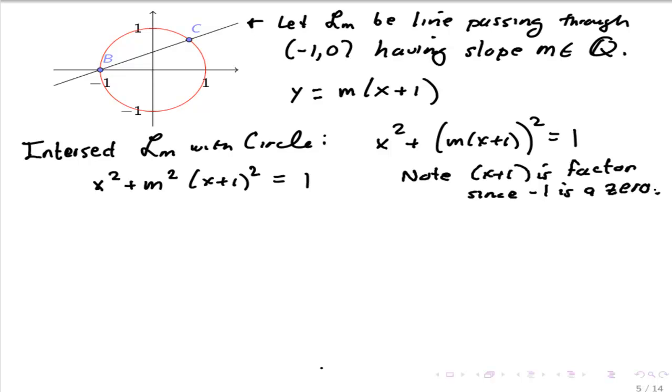Therefore, I'm going to try to factor out an x plus 1, and I can see how to do that. I'm going to put the x squared over to the right, like this, and then I'll factor 1 minus x squared.